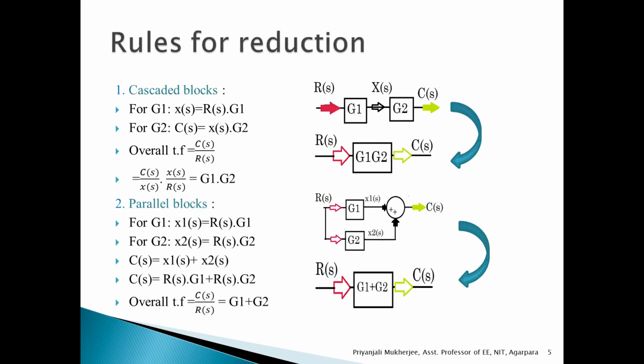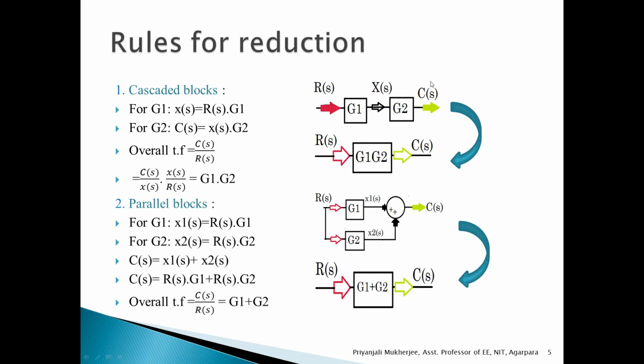Next are the rules of reduction techniques. So first consider two blocks G1 and G2 connected in series or cascaded connection. Cascaded means the output of the first block is used as the input of the second block, and the first block input is R(s) and the final output is C(s).